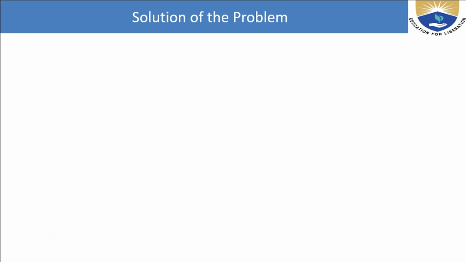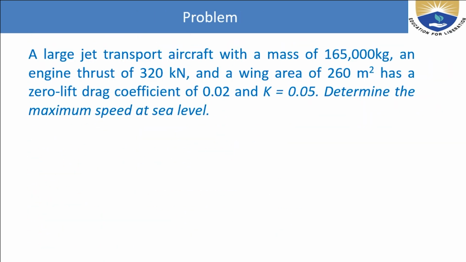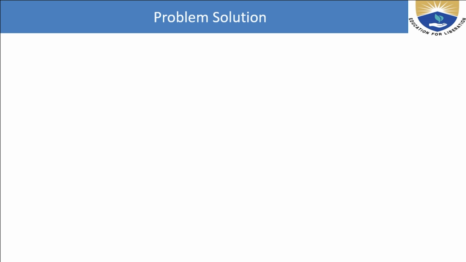So we will see what things are given in this problem. Here, mass and thrust are given. In the given data, mass of the aircraft M is equal to 165,000 kg.